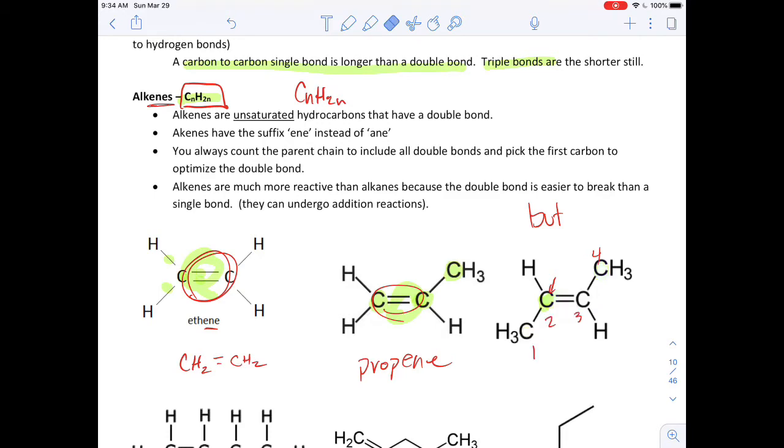If instead I was to count the other direction, it's going to go 1, 2, 3, 4. The double bond again starts at the second and covers the third carbon, so it's between the second and third carbon. So this is called but-2-ene, because the double bond starts at the second carbon and goes on to the third.